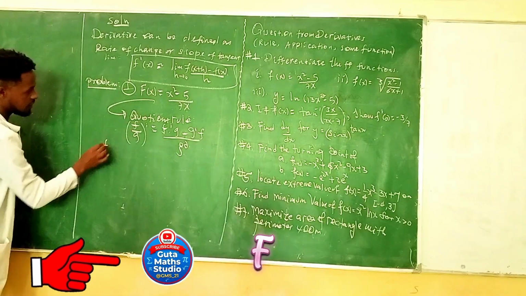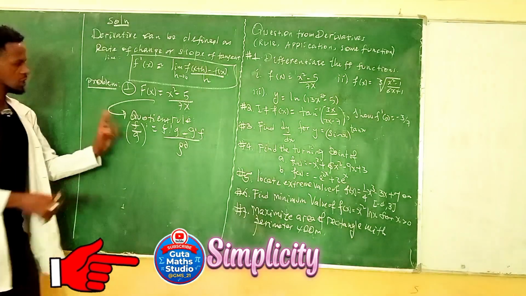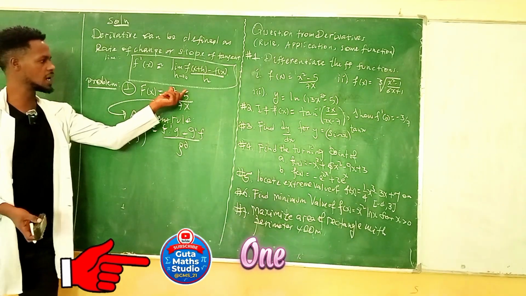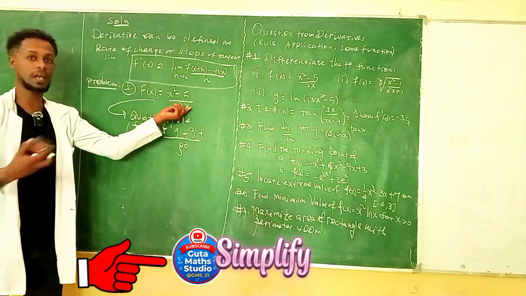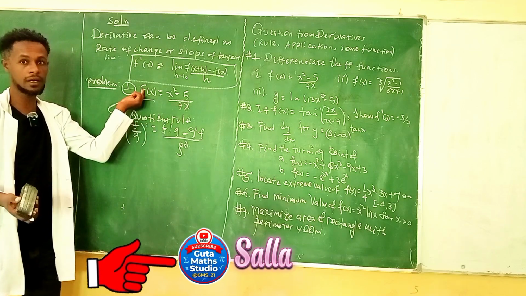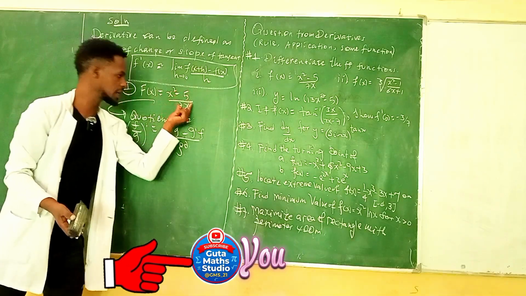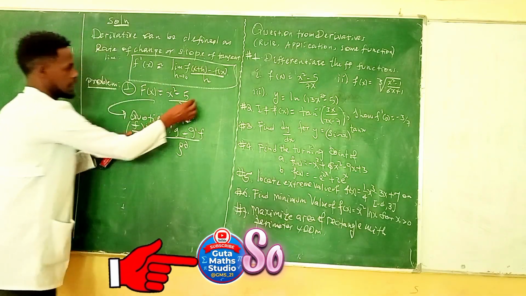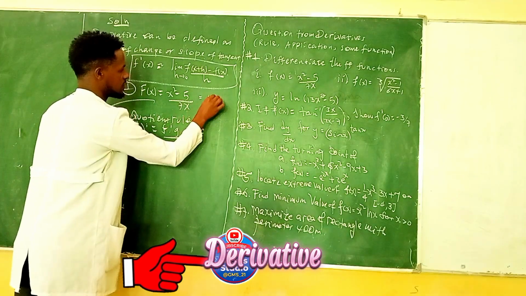So what's f of x? Just for the sake of simplicity, let's say this one is u and this one is v. So let's say this is u over v. So what's the derivative?